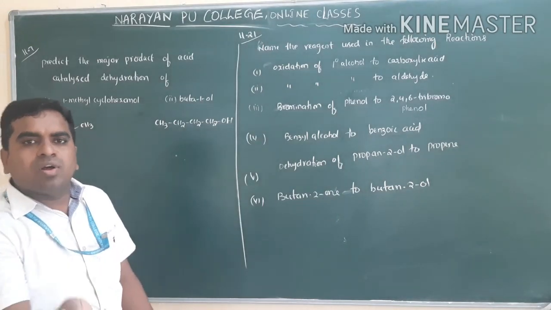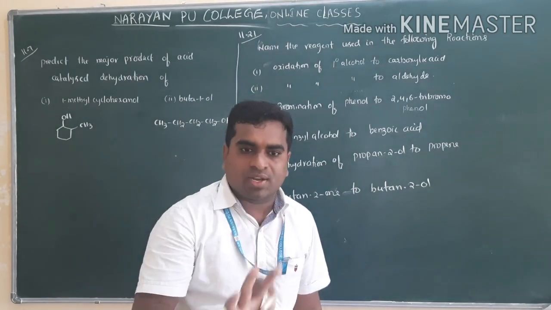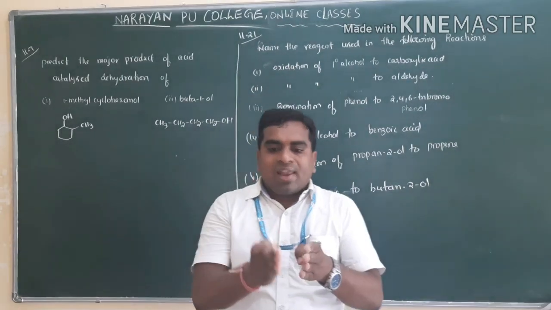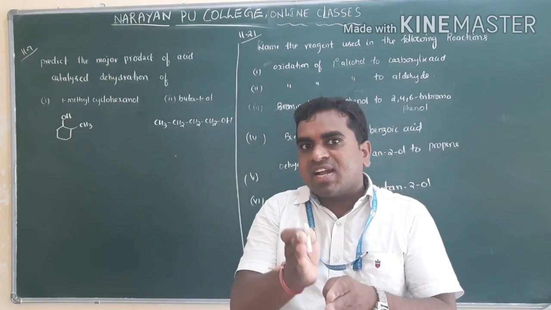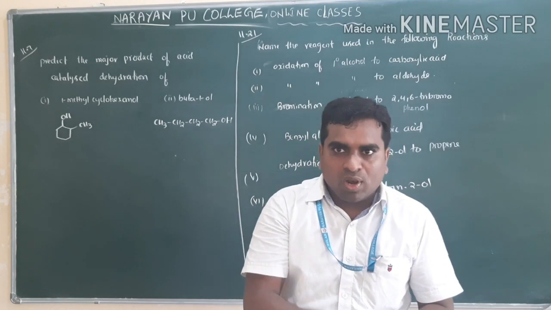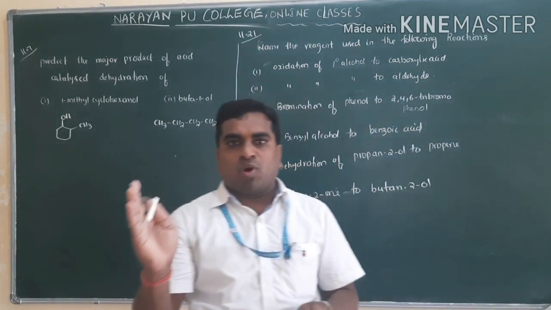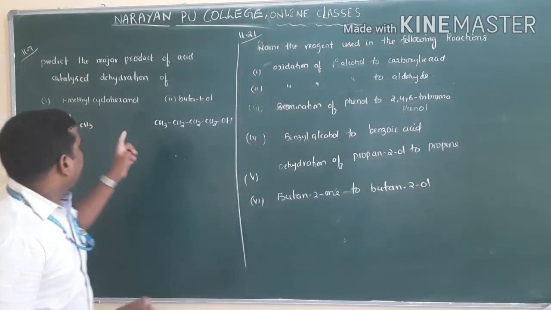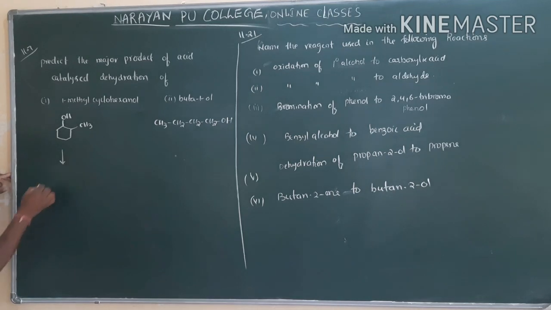Clear? Simple, when alcohol undergoes dehydration, alkenes are the product. Which alkene is the major product is decided by the Saytzeff rule. We have already discussed. According to the Saytzeff rule, more substituted alkenes are always major products. So if you do dehydration of the first molecule, hydrogen is always removed from the beta carbon.